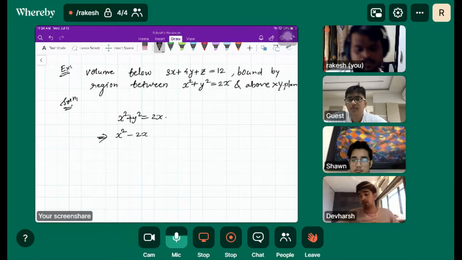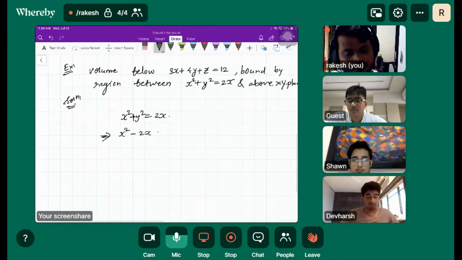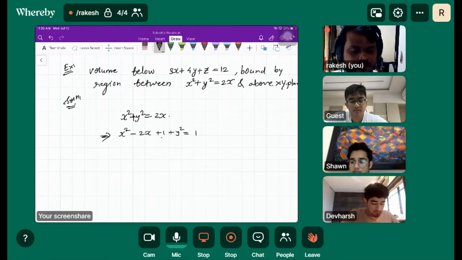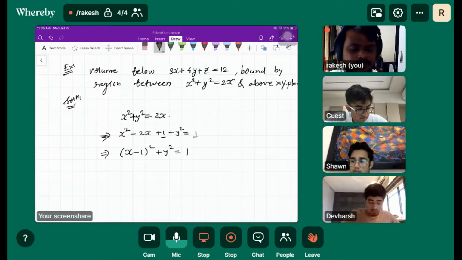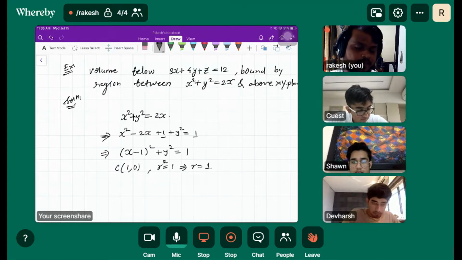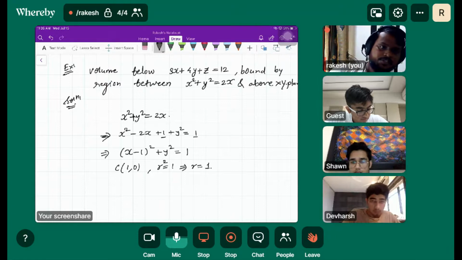Perfect. So x square minus 2x plus 1 plus y square is equal to 1. So this is x minus 1 the whole square plus y square is equal to 1. Center is at 1 comma 0. Radius is 1. Is it clear to you?